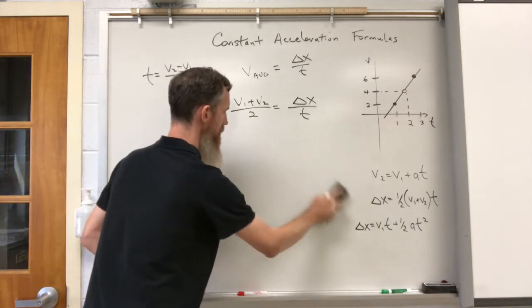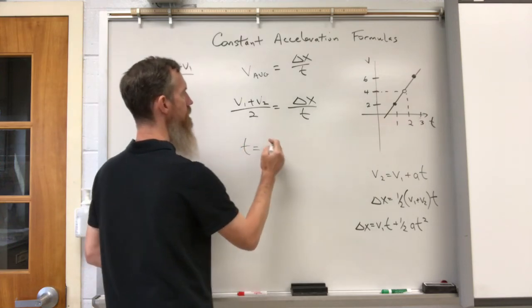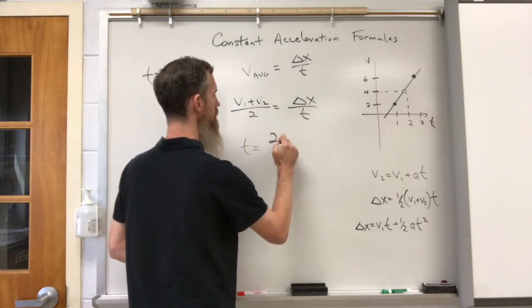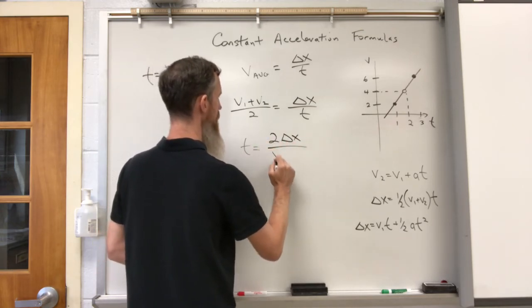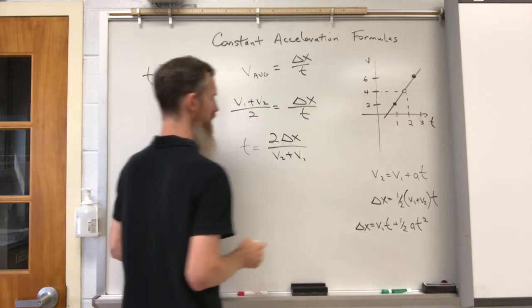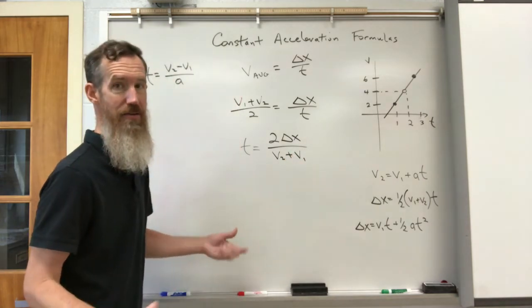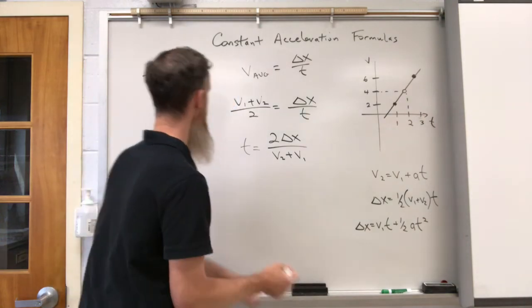Get rid of this and let's rearrange this for t. So t equals 2 delta x over, instead of v1 plus v2, I'm going to make it v2 plus v1. It doesn't matter, it's the same thing. And now I'm going to put that over here.